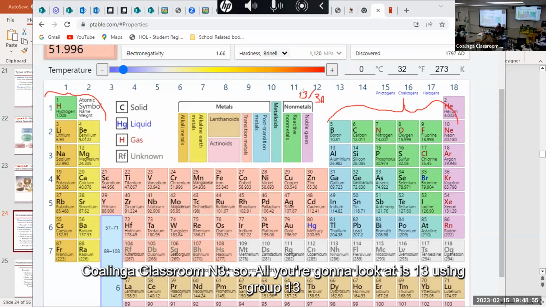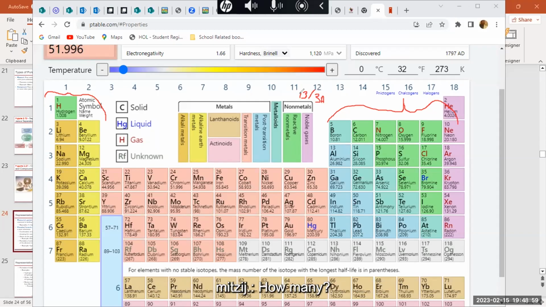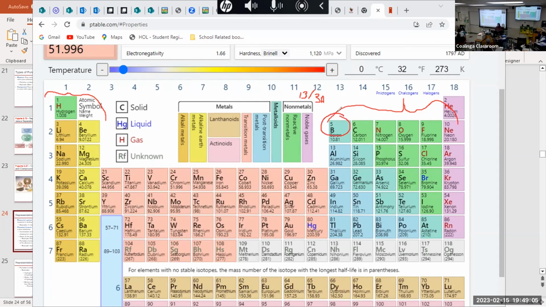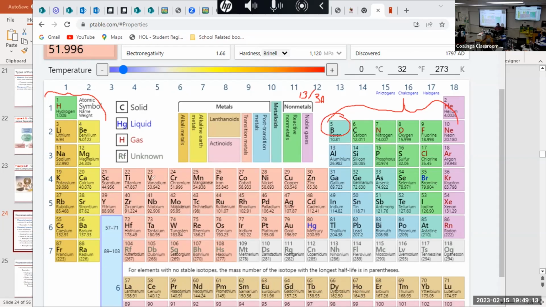Who's in group 13 and period 2? Could be boron, right? Boron. 13 and then period 2. That 3A makes reference to that main group.